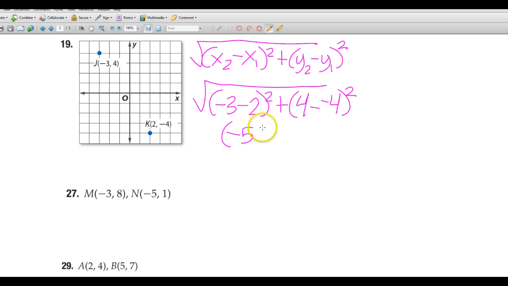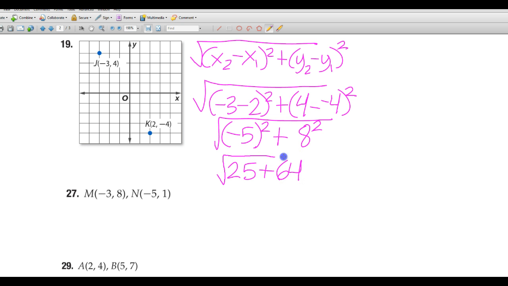As I've said before, make sure to put that in parentheses and the exponent on the outside. So anytime you square a number, whether it's negative or positive, your answer is positive. And approximate that with a calculator, round accordingly to the nearest tenth.